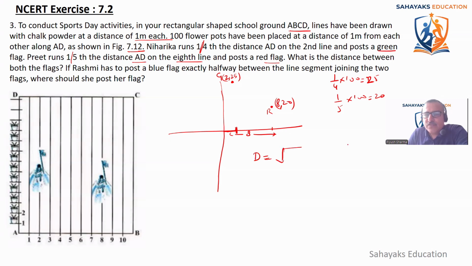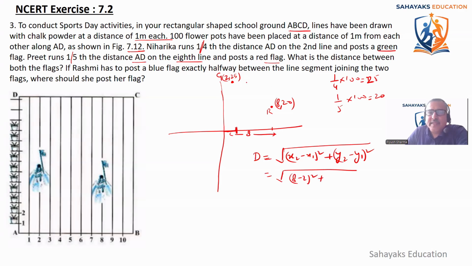Distance is square root of (x2 minus x1) whole square plus (y2 minus y1) whole square. So what is x2 minus x1? I'll take (8 minus 2) whole square plus (20 minus 25) whole square.